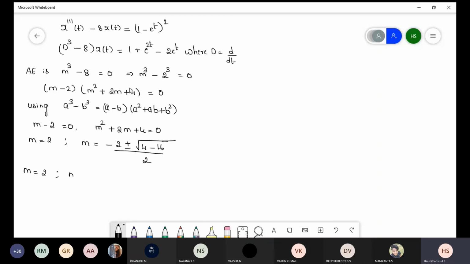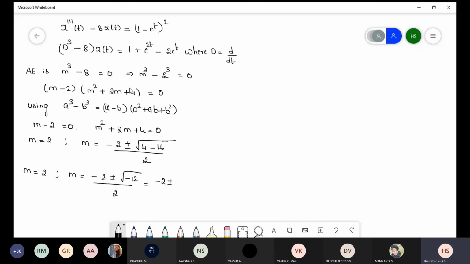Again m is equal to minus 2 plus or minus root of minus 12 divided by 2. So minus 2 plus or minus root 12 means 2 root 3. Root 12 is 2 root 3.